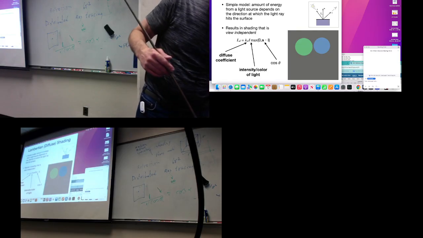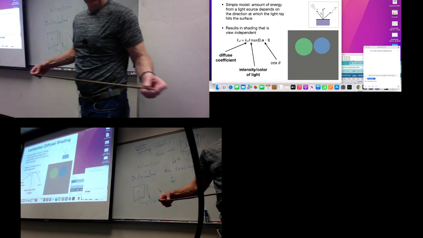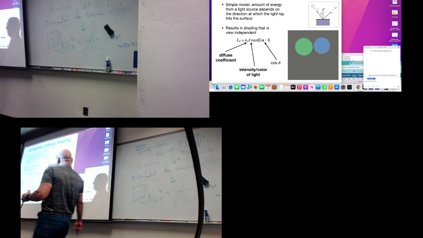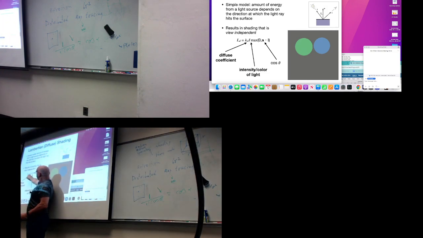Okay, so far the diffuse shading would just say, take the light of the ambient part, the intensity of the light that arrives, times, if you want, another 3 sets of coefficients.